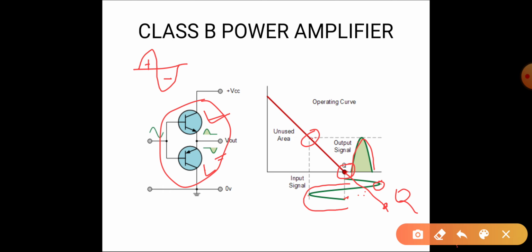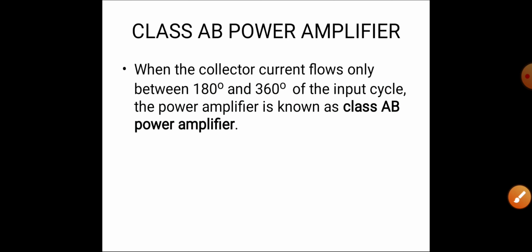You only get the output signal when the Q point is between this point and this point. As the Q point is settled here, you are not getting any output, so the output will be 0. This is the class B. The same applies for the PNP transistor: for the negative half cycle, it will be amplifying the negative half cycle, and from the combination of both transistors, you are getting the full 360 degree output. So this is the class B amplifier.